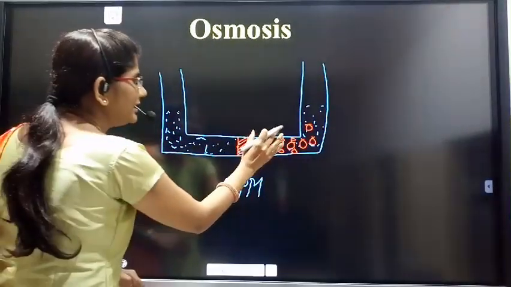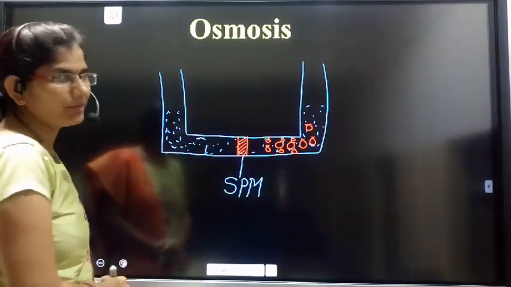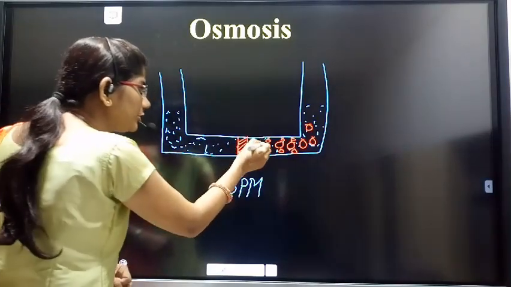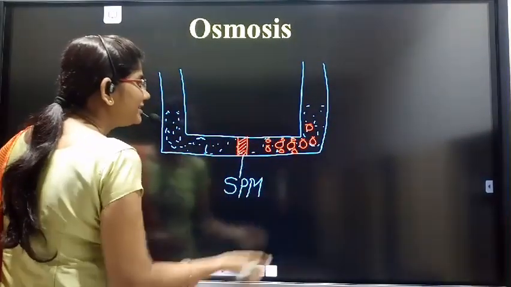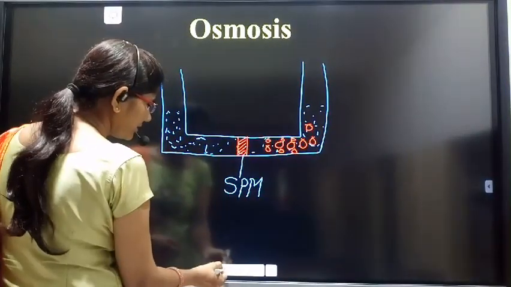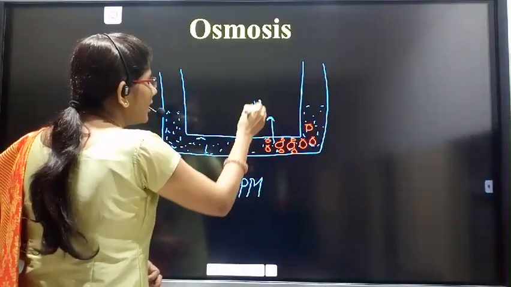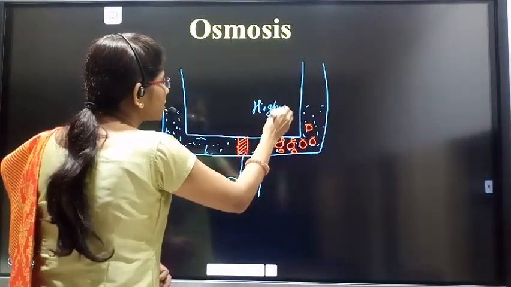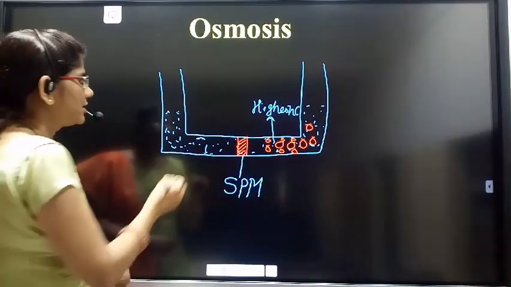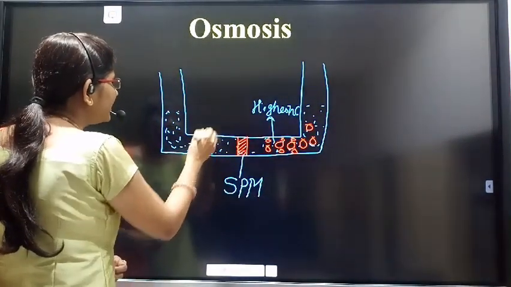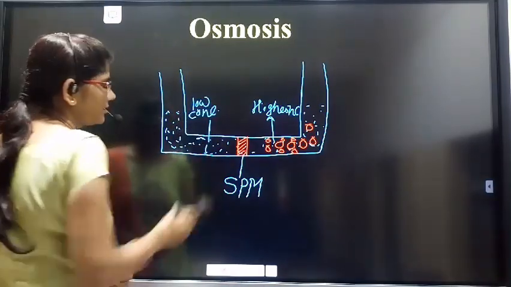So this part has a solution and the other has only solvent. That means the part where we add solute particles becomes a high concentration region, and obviously the other is a low concentration region.